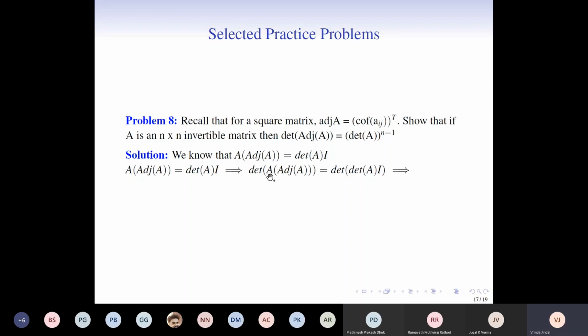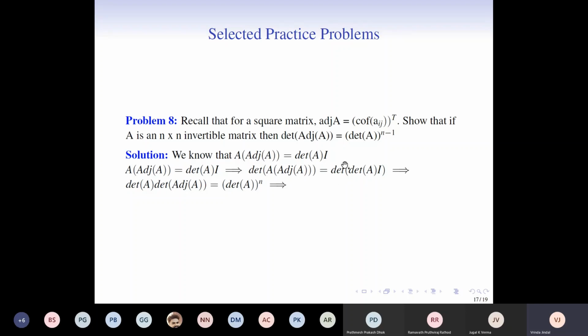So determinant of A into adjoint A is the same as determinant of A into identity matrix. So using the property that determinant of AB is equal to determinant of A into determinant of B, we get determinant of A times determinant of adjoint A is equal to determinant of A raised to power n.